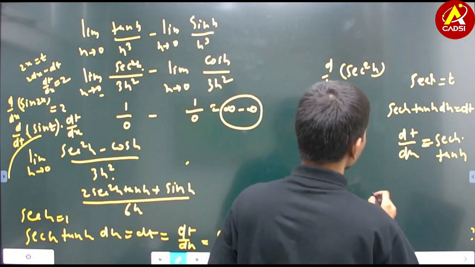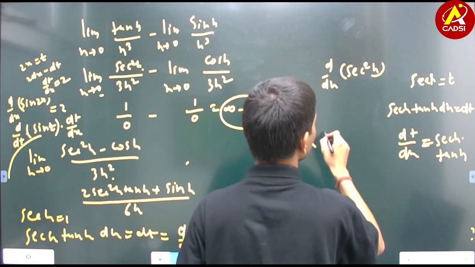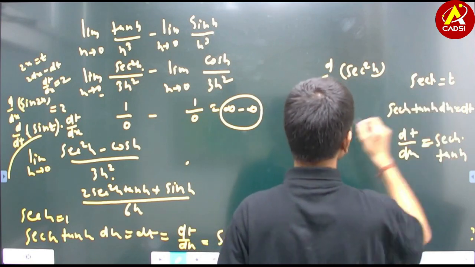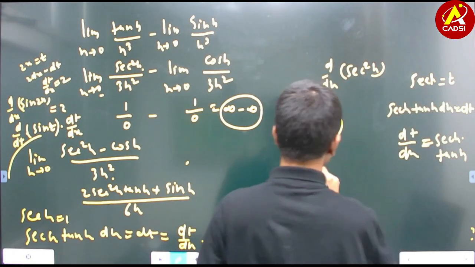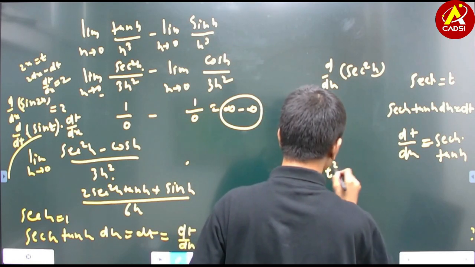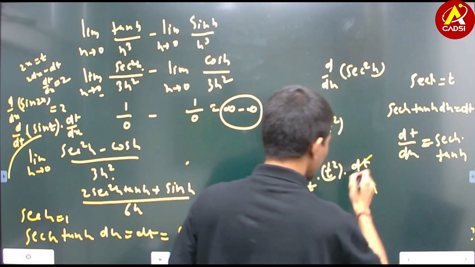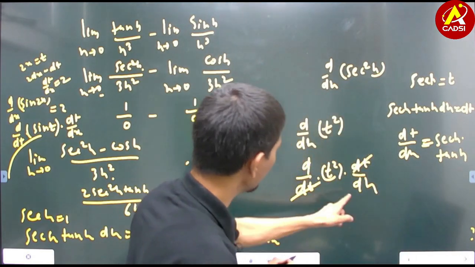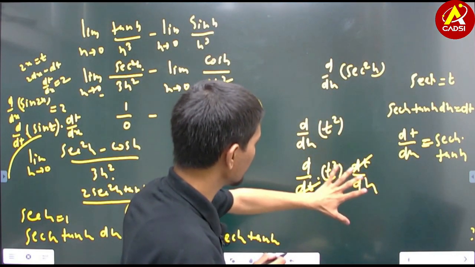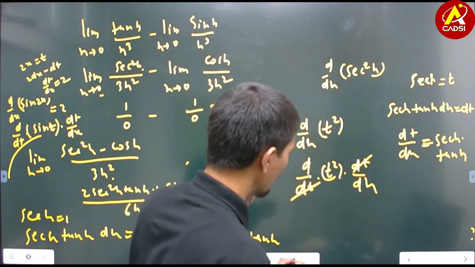So d upon dh of sec square h is the same as d upon dh of t square; there is no difference between these two, okay.